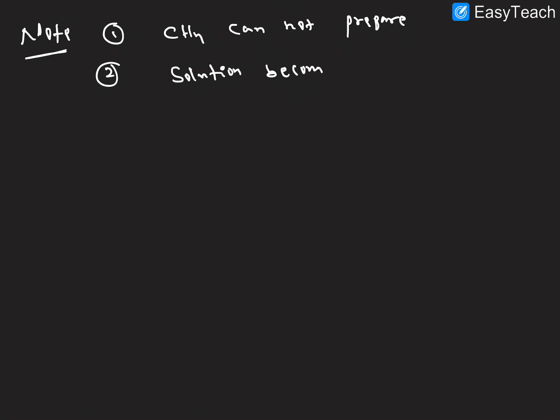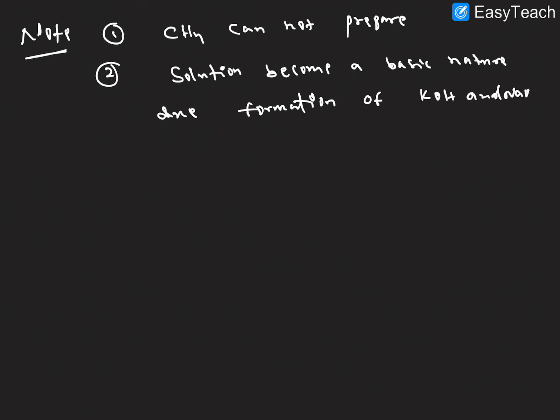Next, note the important points here. Note, the first one: CH4, methane, cannot be prepared. And the second one, at the end of the reaction, the solution becomes basic in nature due to the formation of KOH and NaOH.